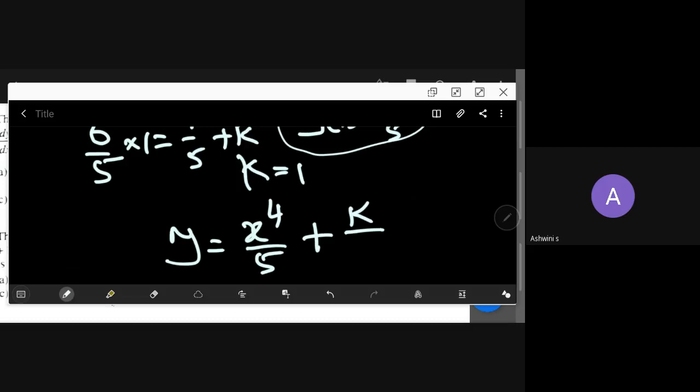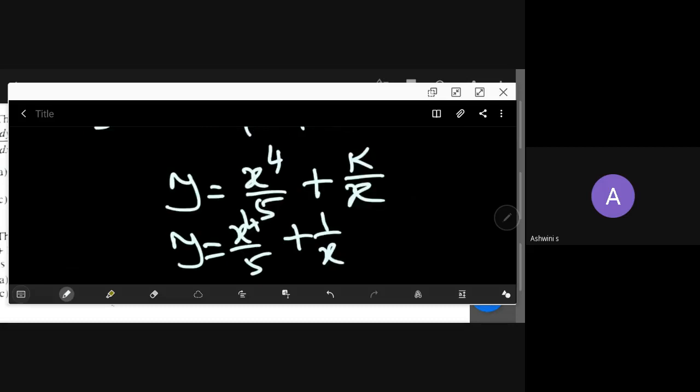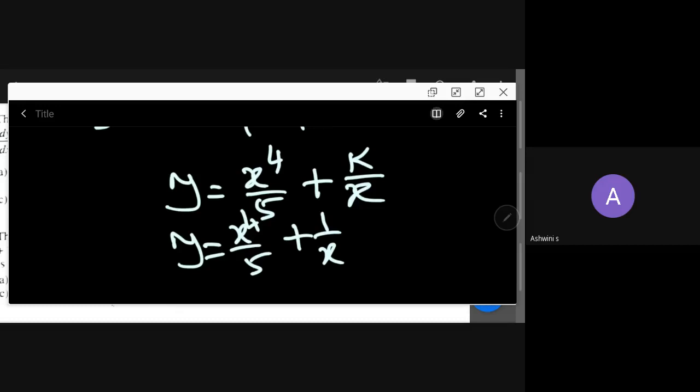This I forgot, right? K by x. So k is 1. Therefore, y is equal to x power 4 by 5 plus 1 by x. Now it is okay. The answer is correct, right? The answer is A.